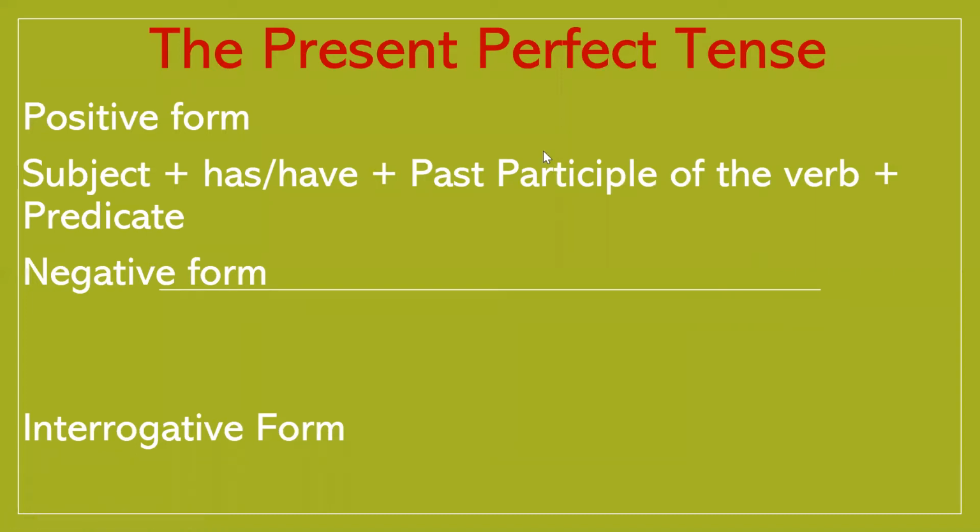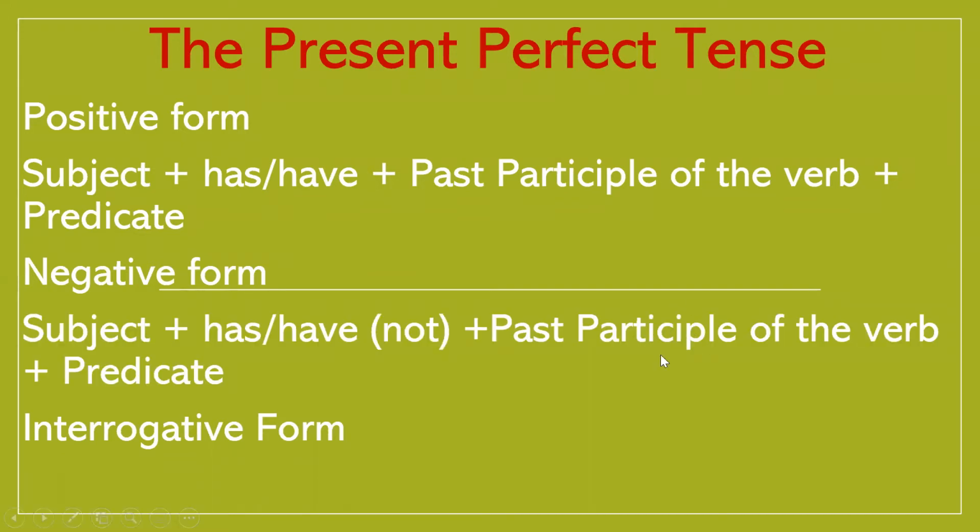Now the negative form. What will be the negative form of this? Geshna, answer. Subject plus has or have not plus past participle of the verb plus rest of the predicate. Yes, only not will be added to it in a negative sentence. Now the interrogative form.